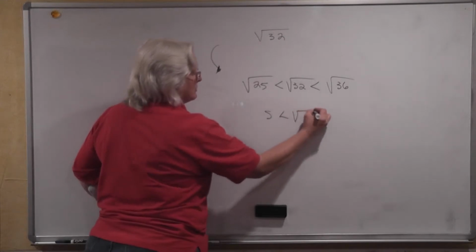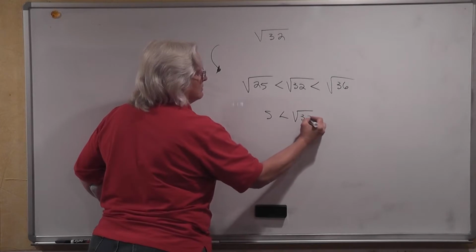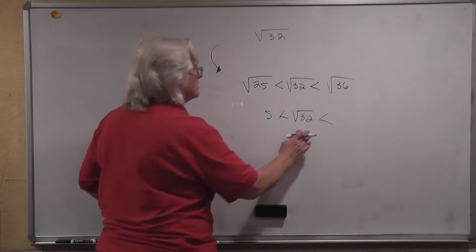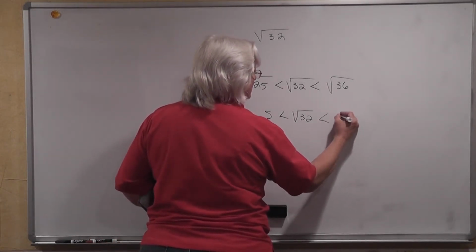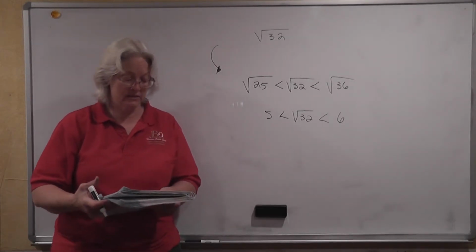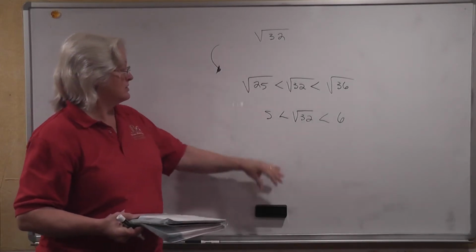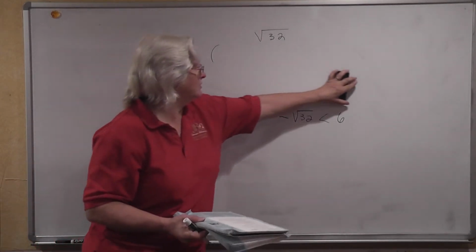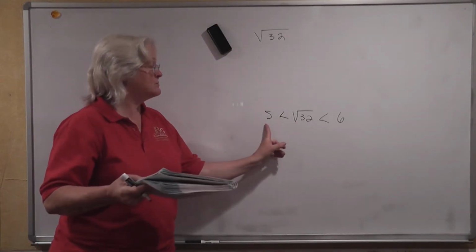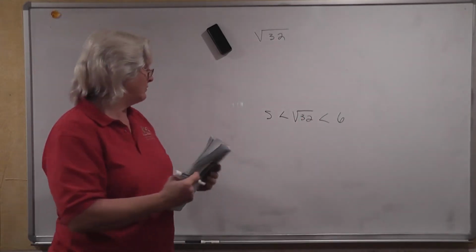We don't have a whole number that we can use for the square root of 32. But we do know that 6 times 6 is 36. So this is what your answer is going to be. Our original question says, between what two consecutive integers does the square root of 32 lie? So the square root of 32 is between 5 and 6. Okay? Straightforward?